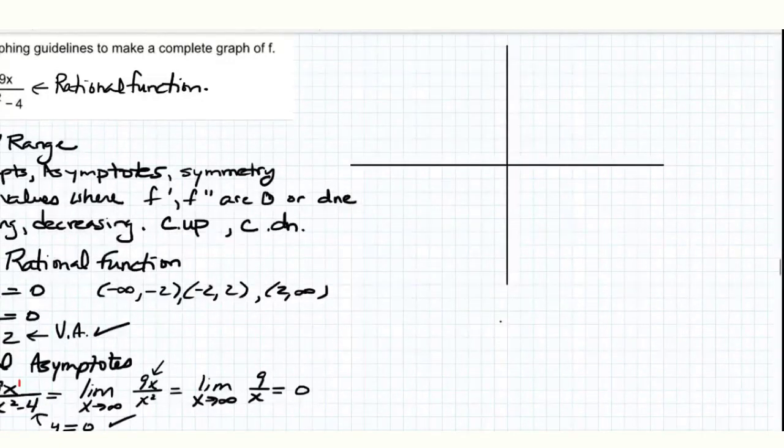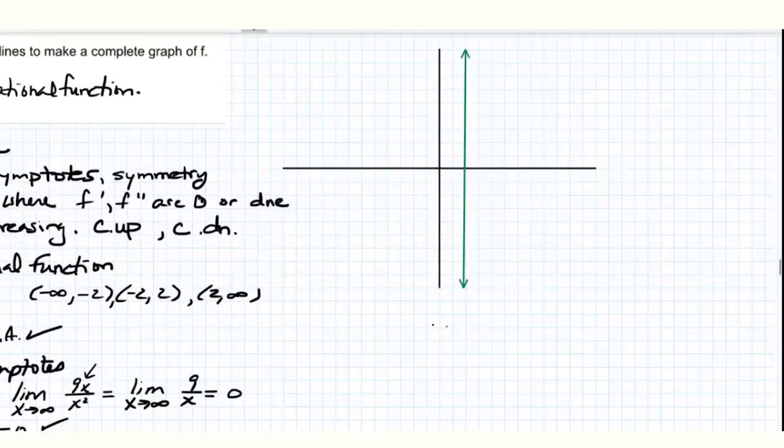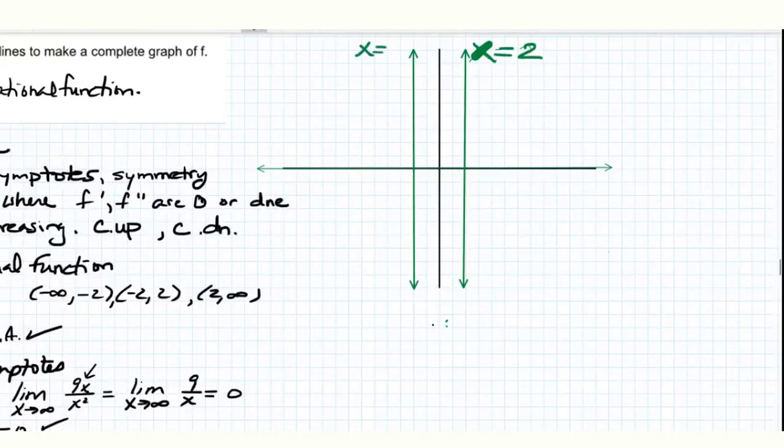So we have a vertical asymptote at x equals 2 and at x equals negative 2. Okay, so there are my two vertical asymptotes. We have a horizontal asymptote at y equals 0, which is the x-axis. Let's label their equations: x equals 2, x equals negative 2, and y equals 0.